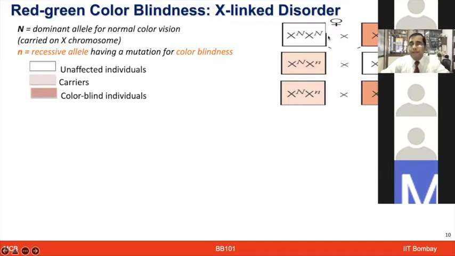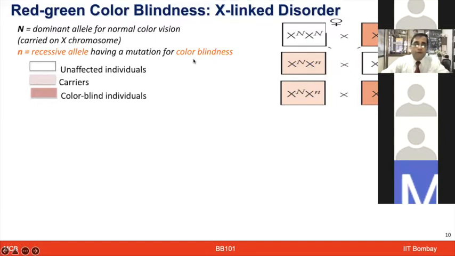It means the female is normal and the male is colorblind, or the female is a carrier and the male is normal, or the female is a carrier and the male is colorblind. How did this detail come? Because the gene responsible for normal color vision, the capital N or dominant allele, is carried on the X chromosome, whereas the small n, the recessive allele, if there is a mutation there, is going to cause color blindness.